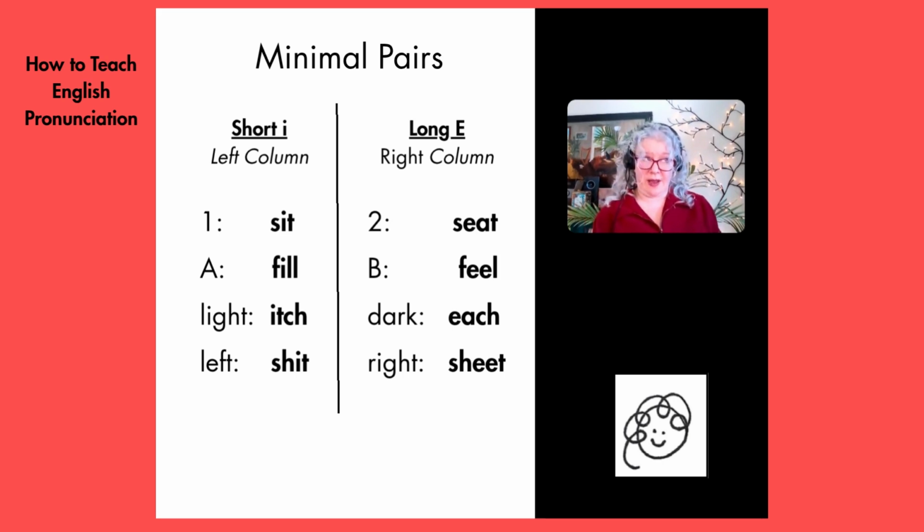So if you're at work, or let's say your student is at work and they have some paper and they have a question about it, and they say, "What is this shit for?" It's going to come off a lot different than "What is this sheet for?" Okay, that's a real problem. So you want to make sure that they're saying sheet, as in a sheet of paper. This is where pronunciation of vowel sounds comes in very, very handy to know the difference between shit and sheet.